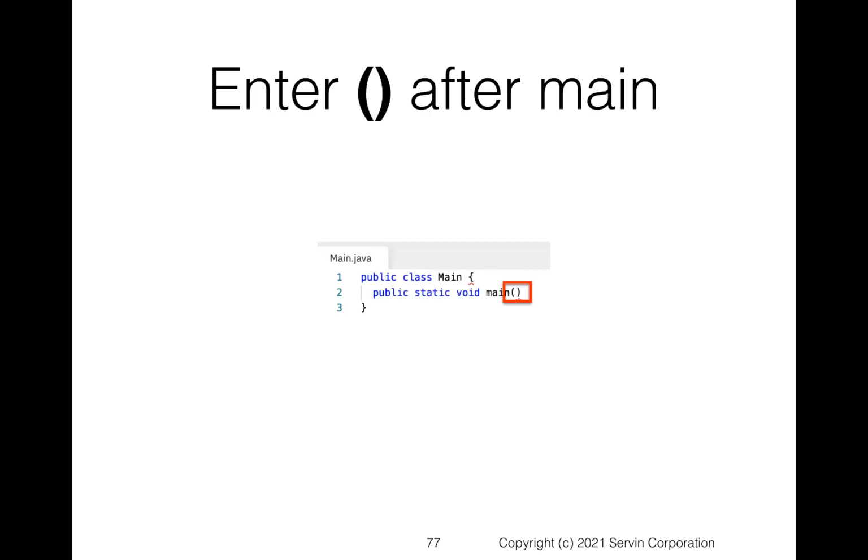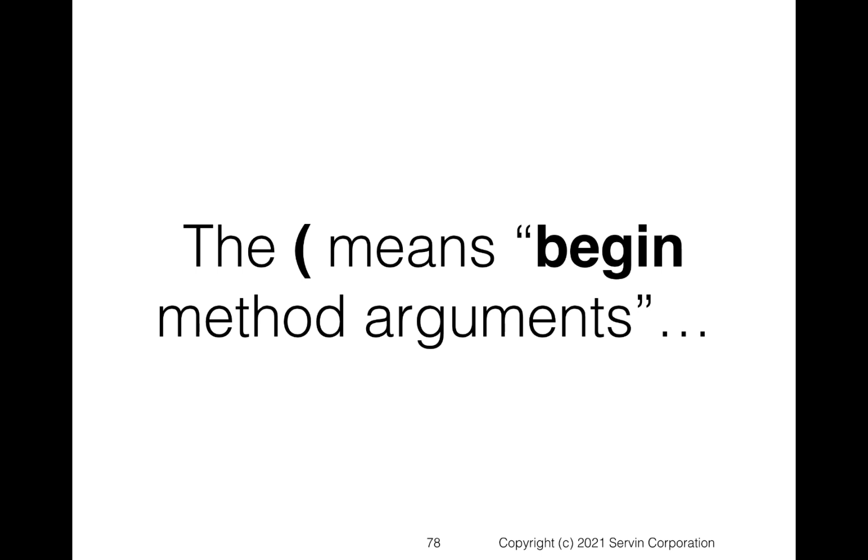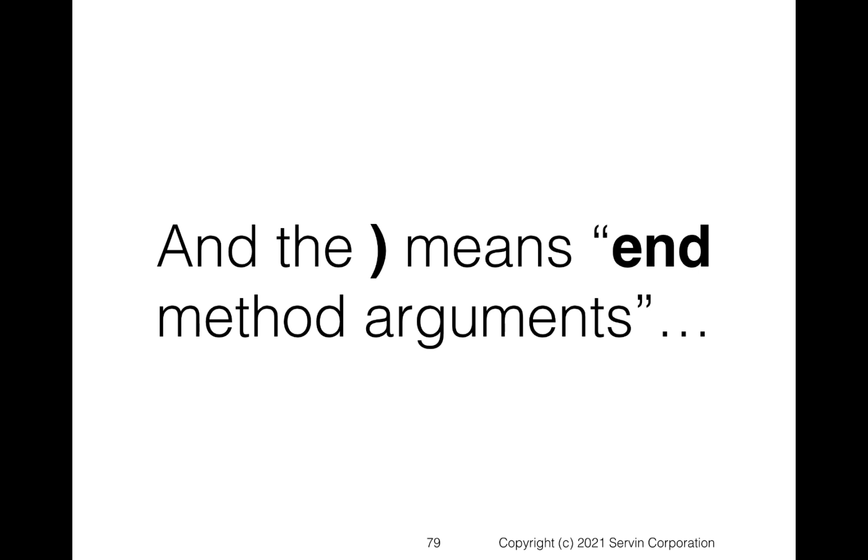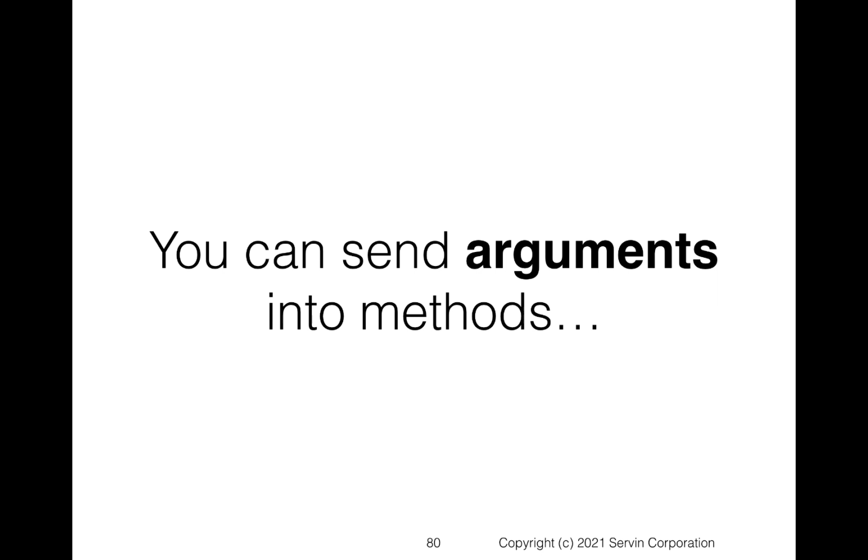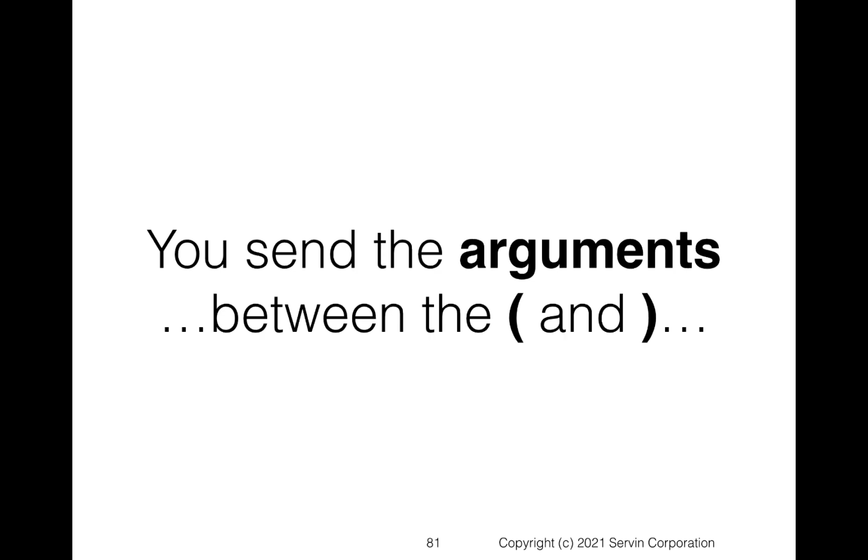Now, after entering that name, enter an open and close parentheses. The open parenthesis means begin the method arguments. In other words, we can send arguments into this method. The closing parenthesis says end the arguments. So what this says is we can send inputs into methods, and they're clearly shown between the open and close parentheses.